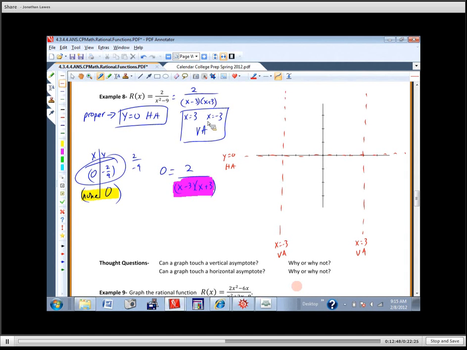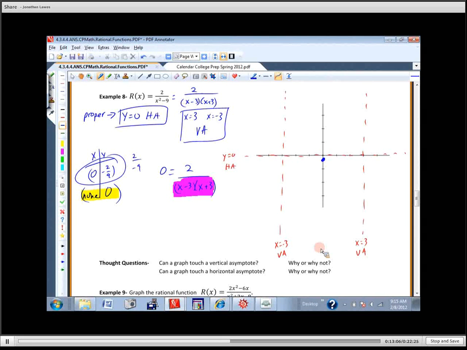So I've taken care of the asymptotes. Now I need to put the y-intercept on there. The y-intercept is at 0, negative 2/9, so about right there. That is actually a point on the graph.